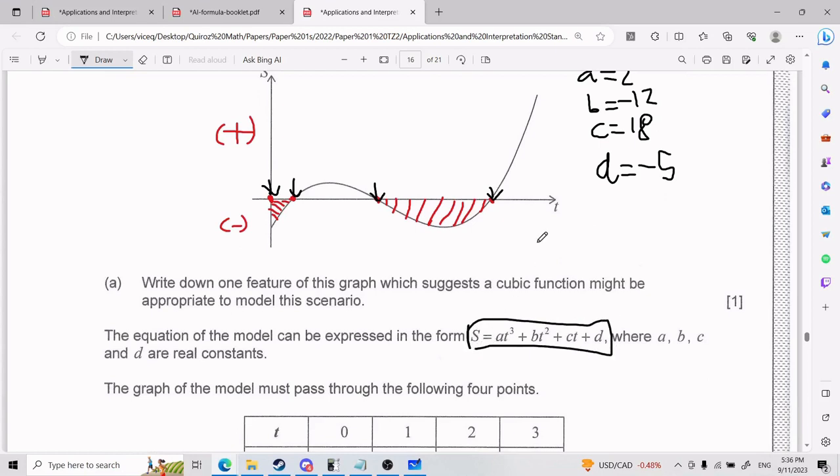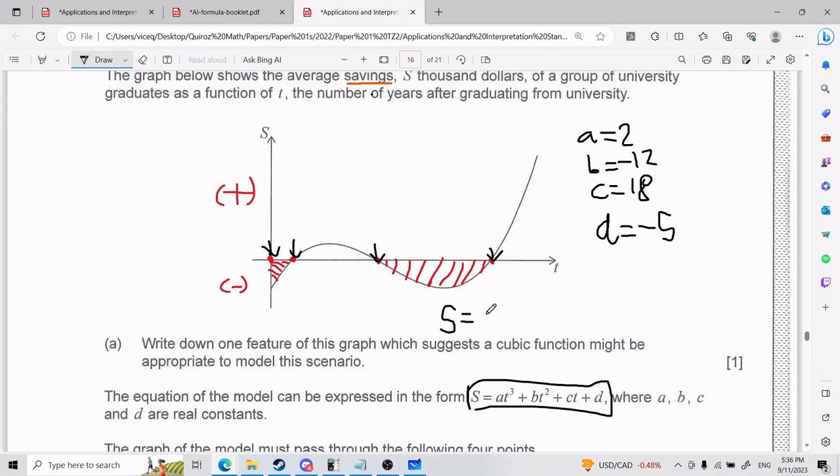So that means my savings function is 2t cubed minus 12t squared, I forgot the cubed, plus 18t minus 5.